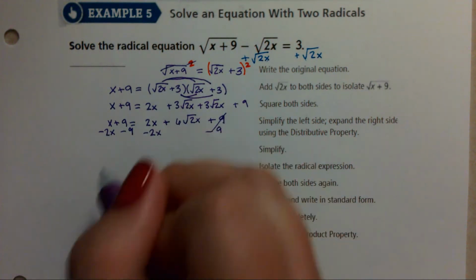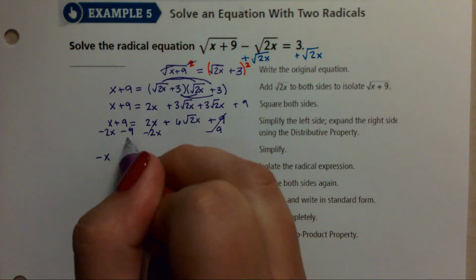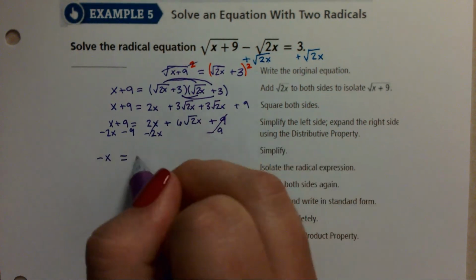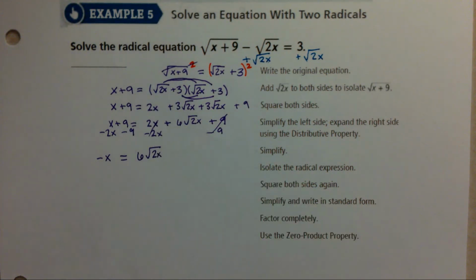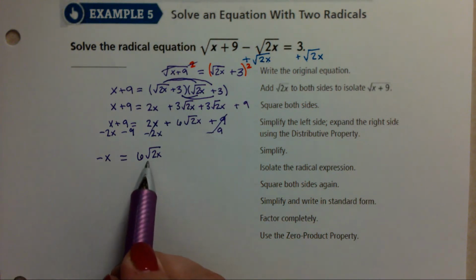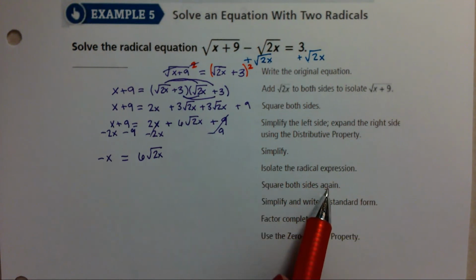And so on the left hand side I get negative x, the 9's cancel out, equals 6 square root of 2x. And then I am going to get rid of my radical over here by squaring both sides again. Okay?